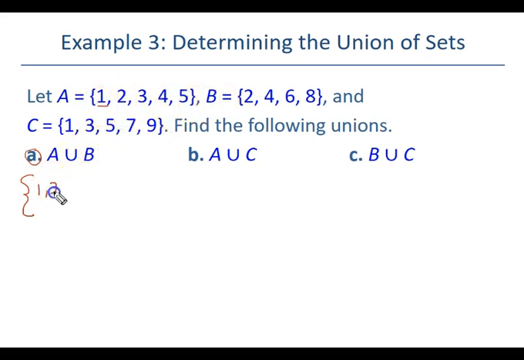We need a 2, 3, we need a 4, we have a 5, so 1, 2, 3, 4, 5, 1, 2, 3, 4, 5, now we need a 6, and we need an 8.